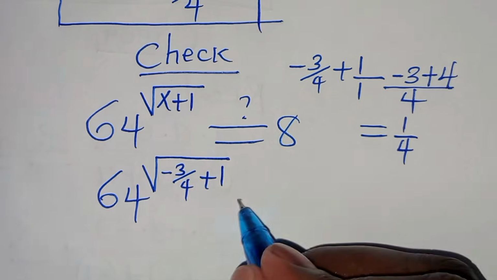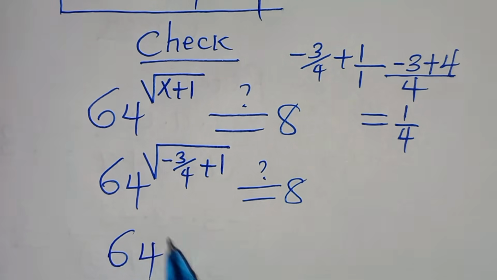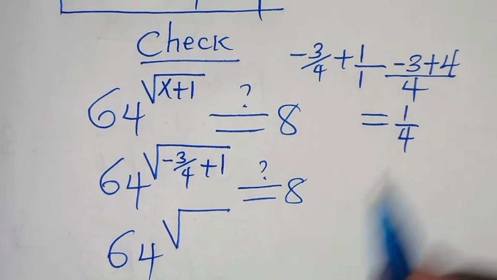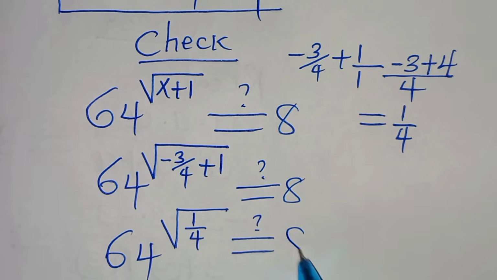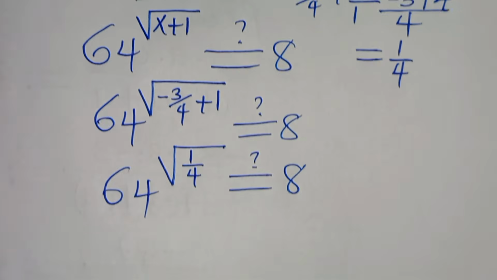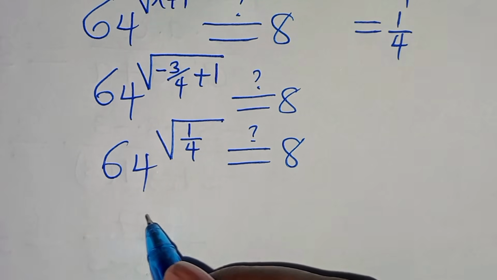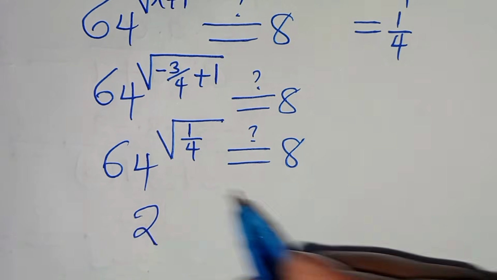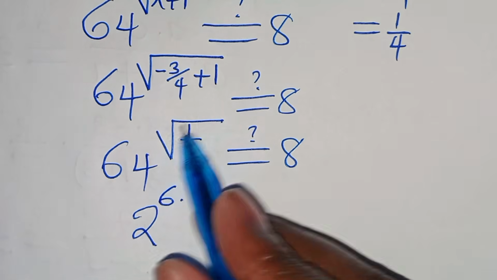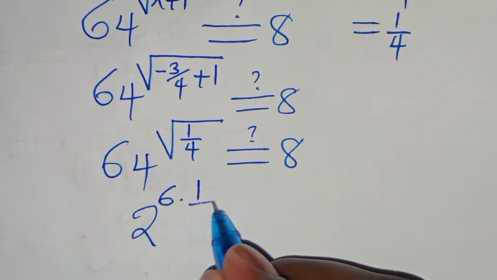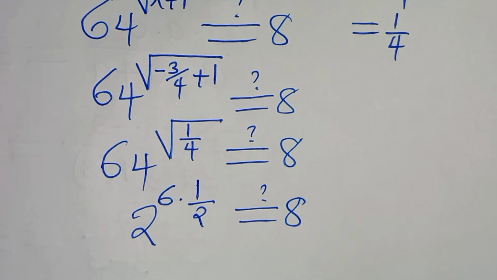So here we have 64 raised to the power of square root of 1 over 4. This is supposed to give us a value of 8. Now, 64 is 2 to the power of 6 multiplied by square root of 1 over 4, this is 1 over 2, and this should give us a value of 8.